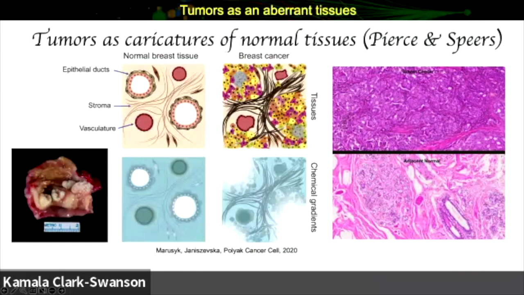Your stroma is different. You have infiltration of immune cells that you don't see in normal tissues. Another beauty of the parallel with caricature is that you can have multiple caricatures of the same person that portray somewhat different aspects of it. Different tumors have different evolutionary trajectories. No two tumors are alike, so they can represent fairly different messed up versions of the normal tissues.